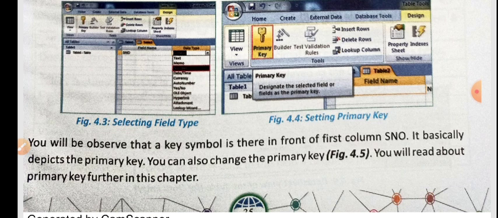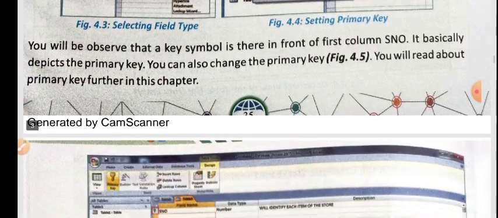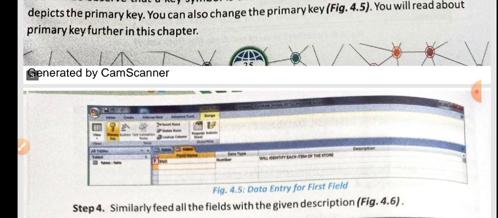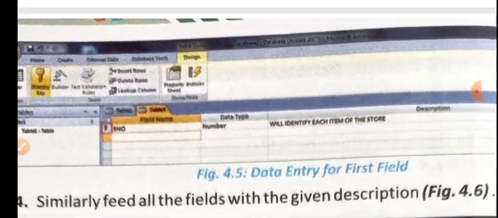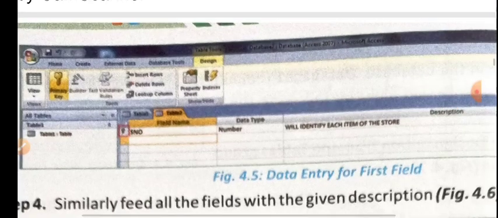The way of selecting the primary key: you can see that in the ribbon there is a key sign, and when you select a particular field and then click on that symbol, the field will be assigned as the primary key, and in front of that column you can see a key symbol.